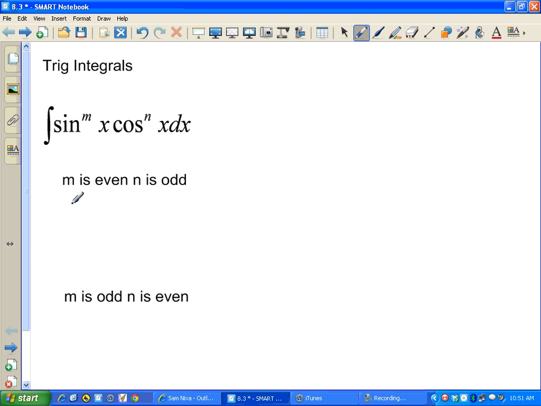So let's say I've got the integral of sine to the fourth times cosine cubed. I'm going to pull a cosine out. So I'm going to turn it into sine to the fourth cosine squared, and I'm going to leave a cosine out here.